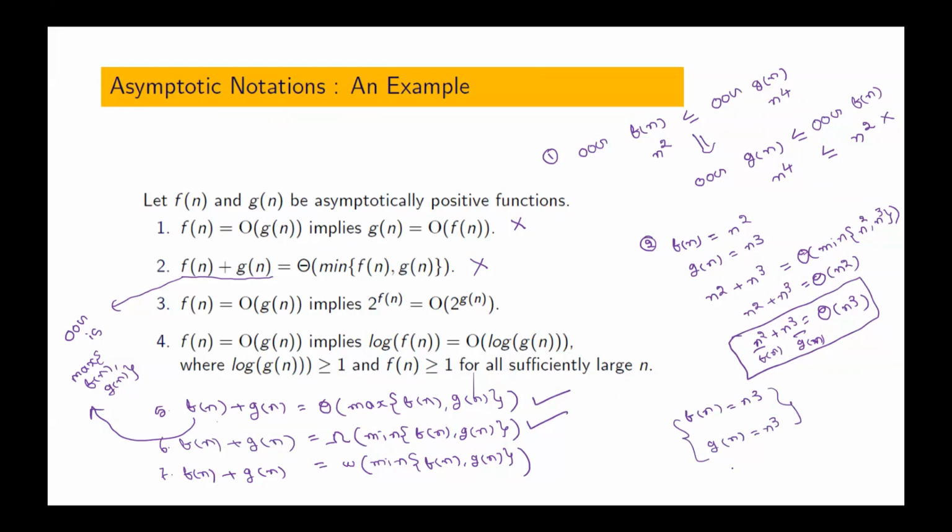So that means n cube plus n cube is omega of n cube. Is this true? No, it is false. Hence this is false. If I write it like this, it is the same thing: f of n plus g of n is little o of maximum of f of n comma g of n.